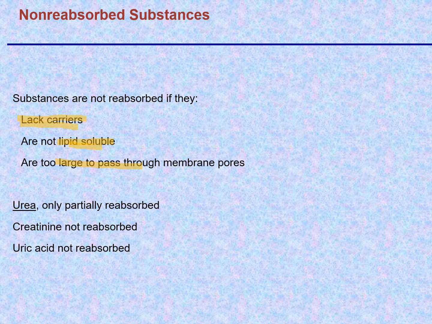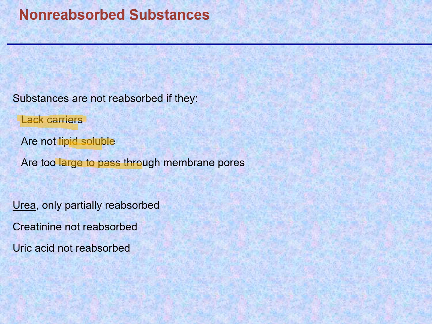Urea, which is a nitrogen waste product, or metabolic byproduct, normally is the main nitrogen containing molecule in the urine that the body gets rid of. But it's not all. If it's in really high amounts, it can get partially reabsorbed.